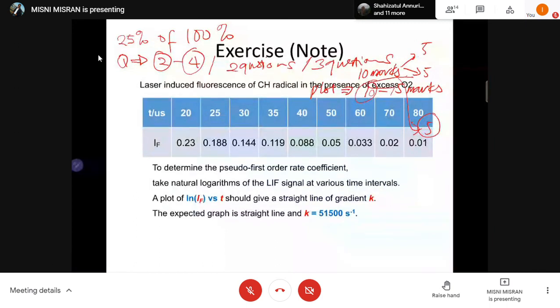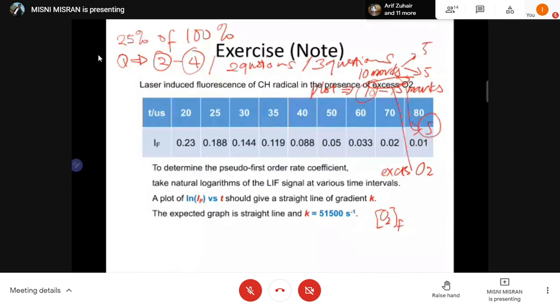The word is excess, which means the concentration of O2 final minus the concentration of O2 initial equals 0.